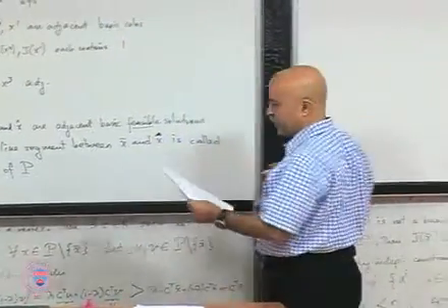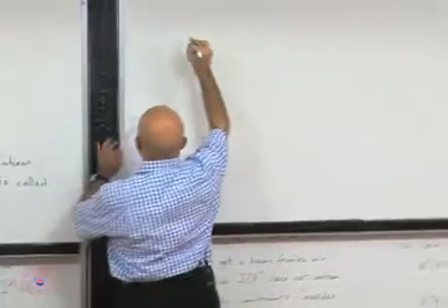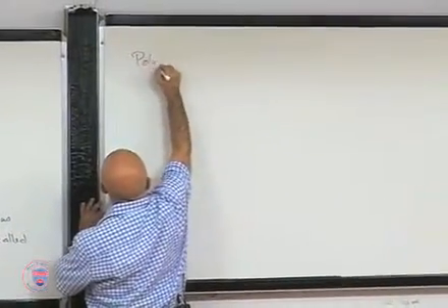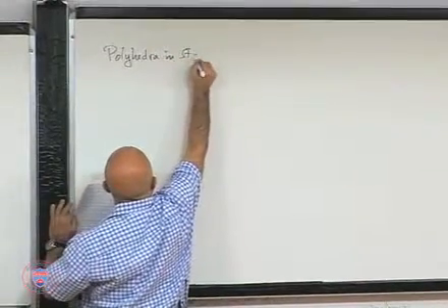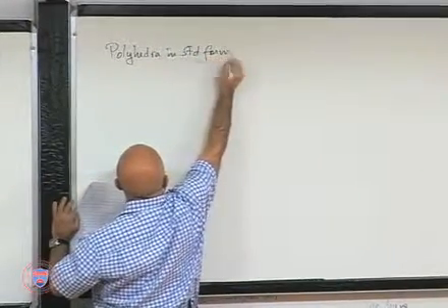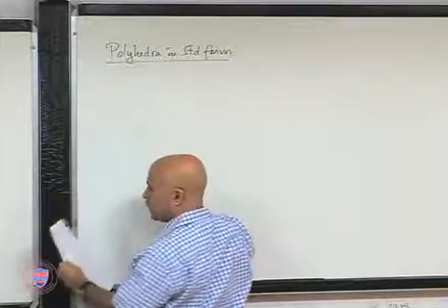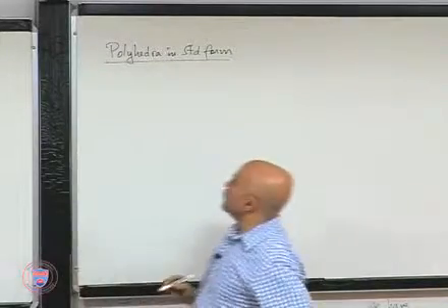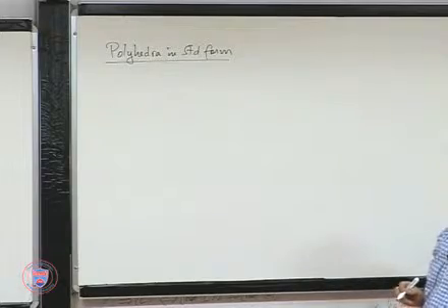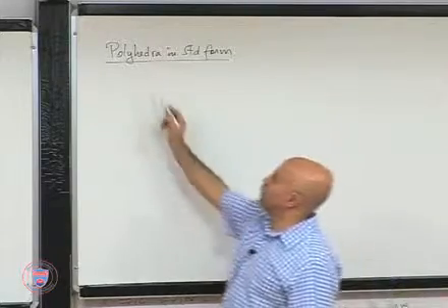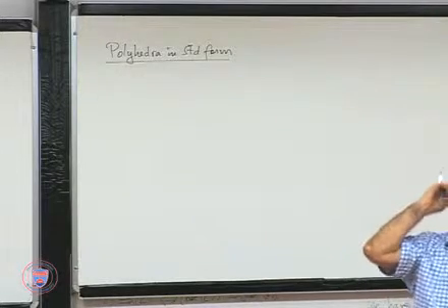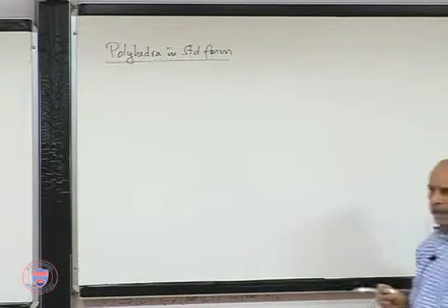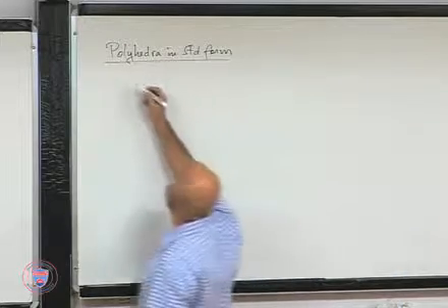Now let's continue with polyhedral sets in standard form. In case I did not mention it before, polyhedra is the plural of polyhedron. A polyhedron is the same as a polyhedral set.